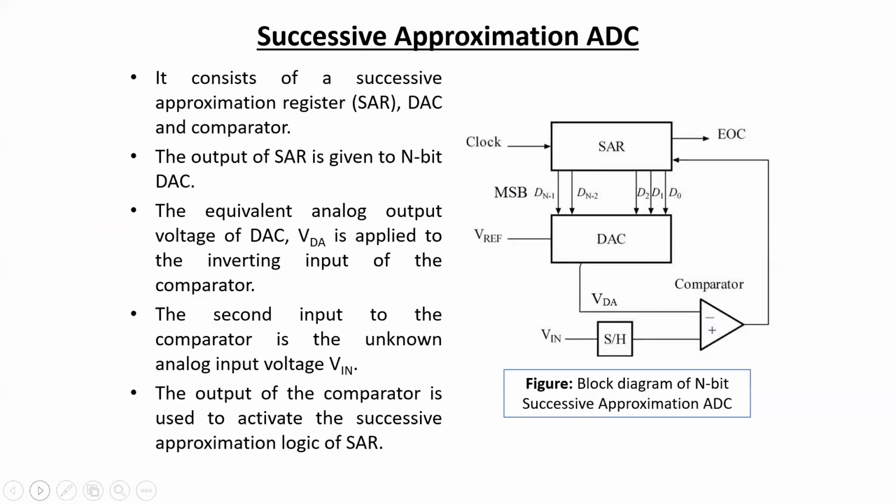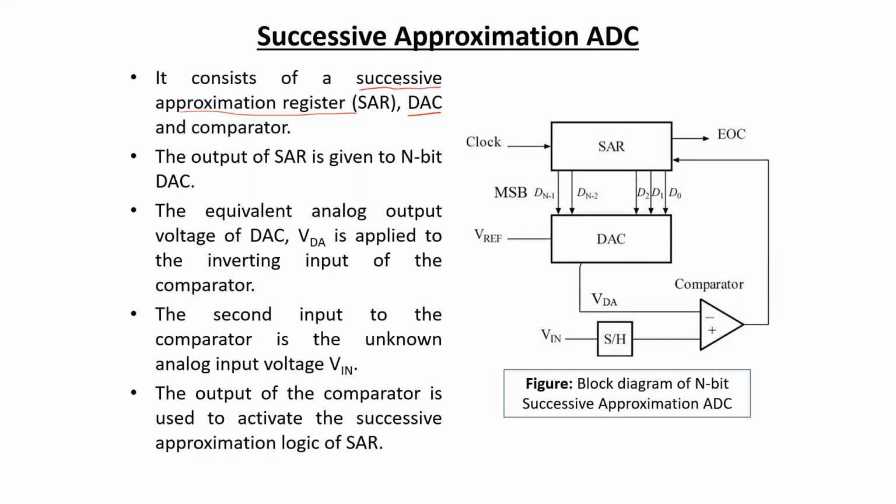Now moving on, the other type of ADC that I am going to discuss in today's class is the successive approximation analog to digital converter. So first of all, for this particular type of ADC, I can start discussing the different components that are necessary. They are the successive approximation register, a special type of IC, and a DAC, which is a digital to analog converter.